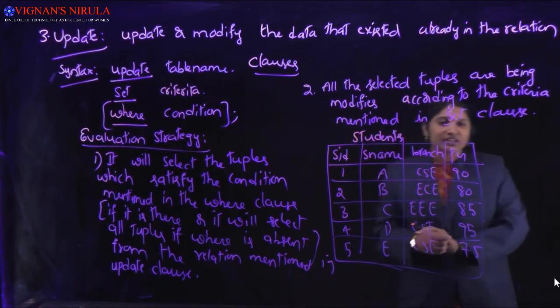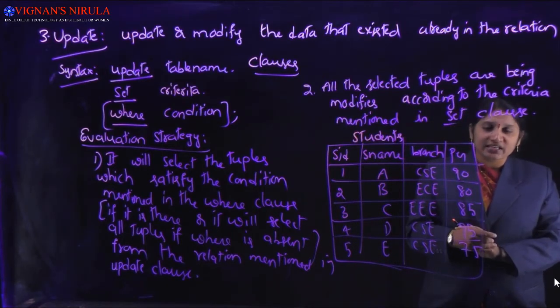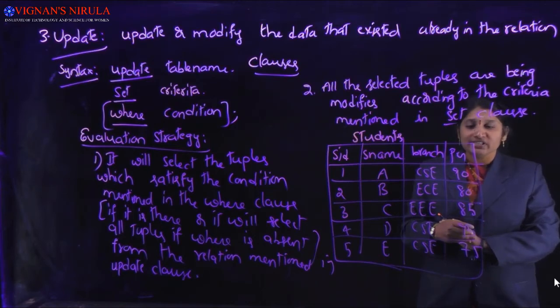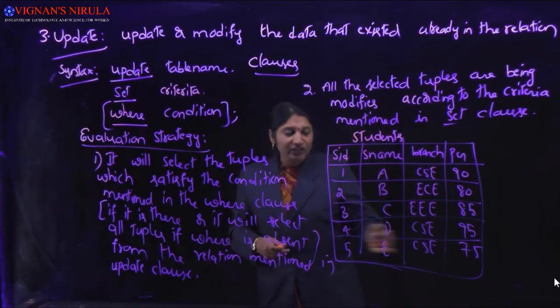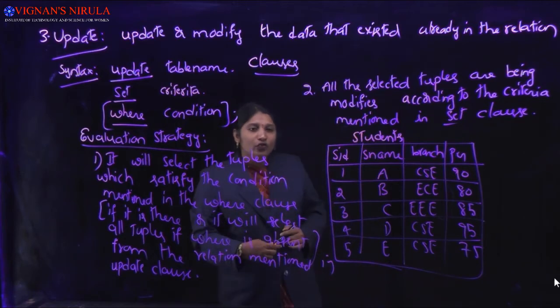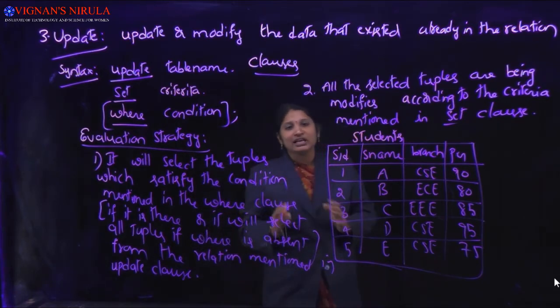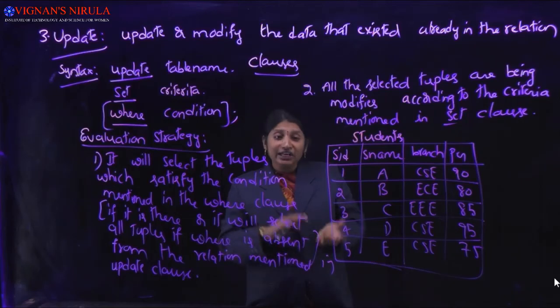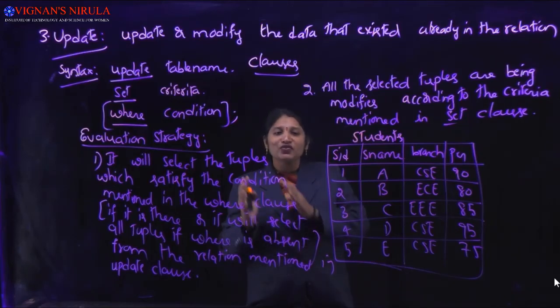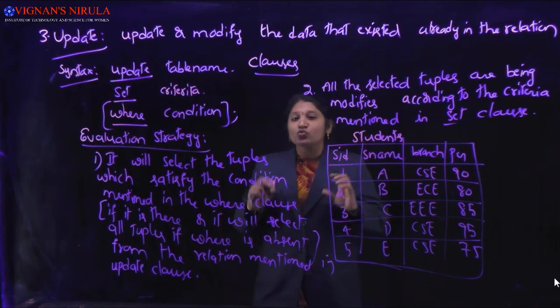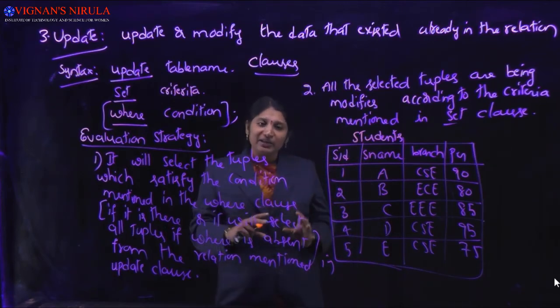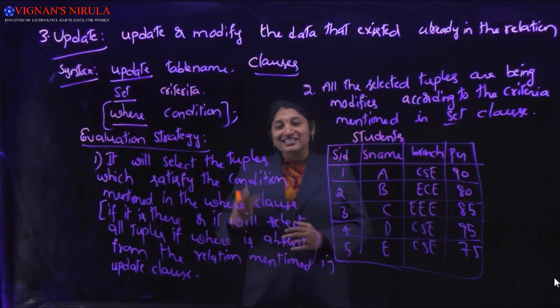The first tuple is 1 A CSE 90, the second tuple is 2 B ECE 80, the third tuple is 3 C EEE 85, the fourth tuple is 4 D CSE 95, the fifth tuple is 5 E CSE 75. Now for example, the user asks to update the percentage of all CSE students. What is the required information from the user? The user wishes to update all the CSE students' percentage as 95.